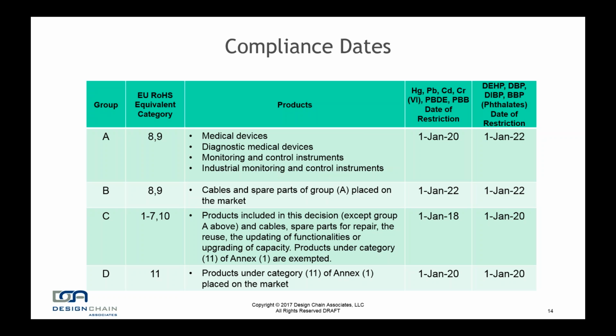The restrictions come into force for the first 6 RoHS substances in January of 2020. 2 years later, the phthalates become restricted.